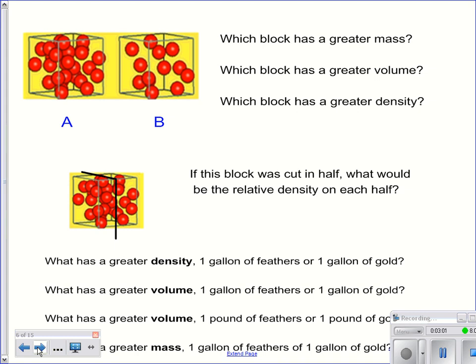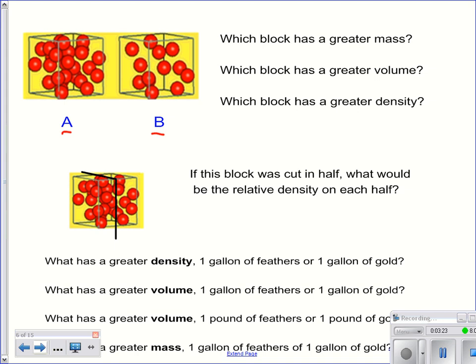You don't have this on your notes, but just ever so quickly thinking about what density means, and again, this is going to be really more of Unit 2, but thinking about these two substances. If I have block A and block B, and you can see there's a different number of particles that it's made up of.